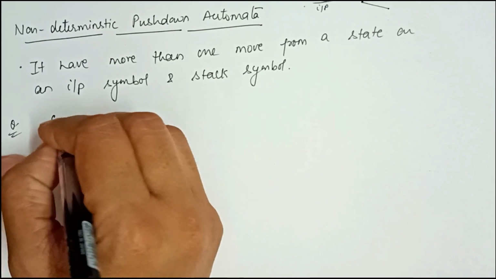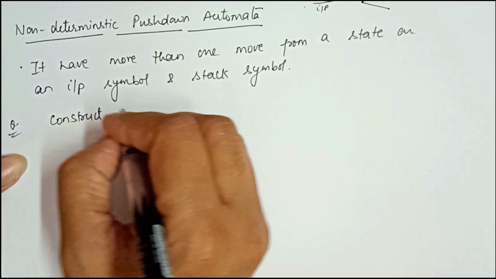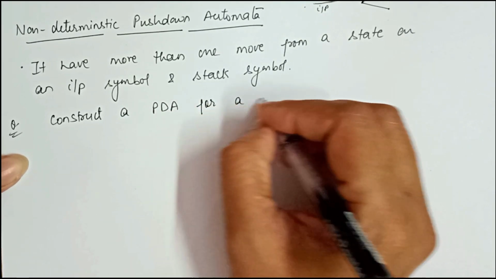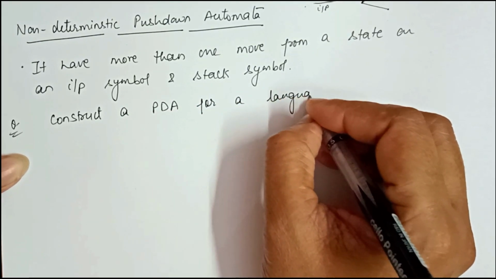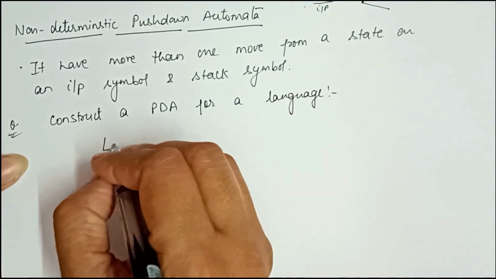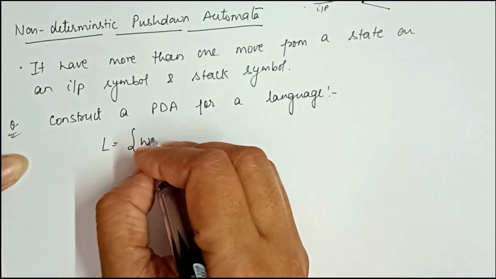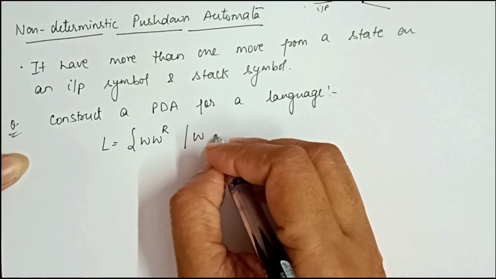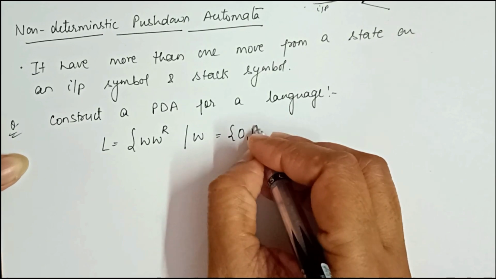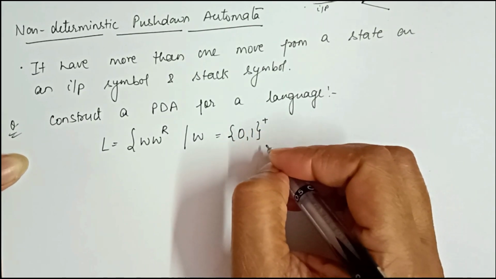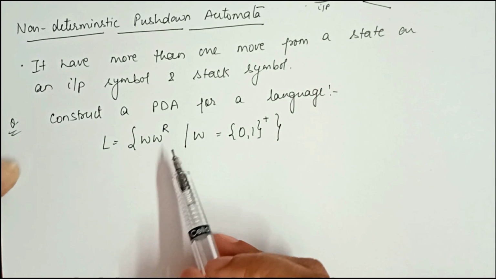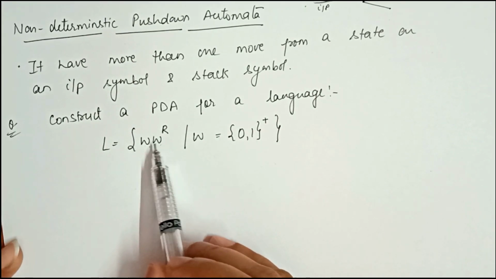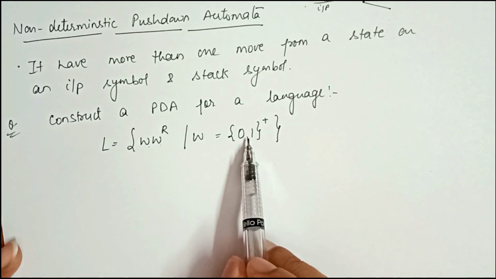Construct a PDA, or pushdown automata, for the language L = W W^R, where W belongs to (0 or 1)^+. So this is W followed by W reverse, where W belongs to (0 or 1)^+.